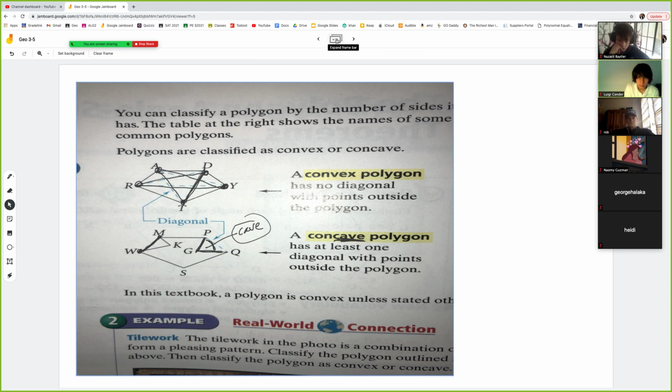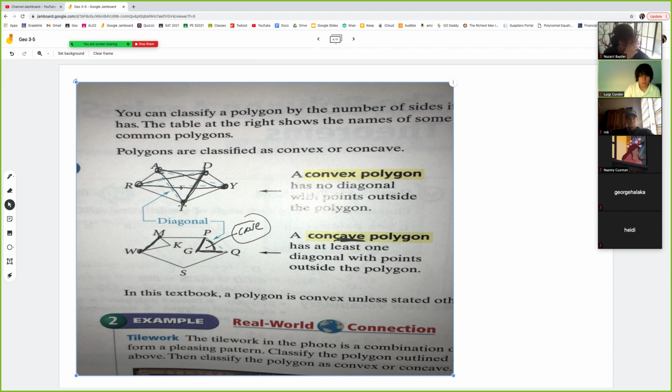So first of all, we've got the name of the polygon, RADYT, or MPGQSWK. Both of these are polygons. Then we have the second piece, which is how many sides it has. This is a pentagon. This has 1, 2, 3, 4, 5, 6, 7 sides, so it would be a heptagon.